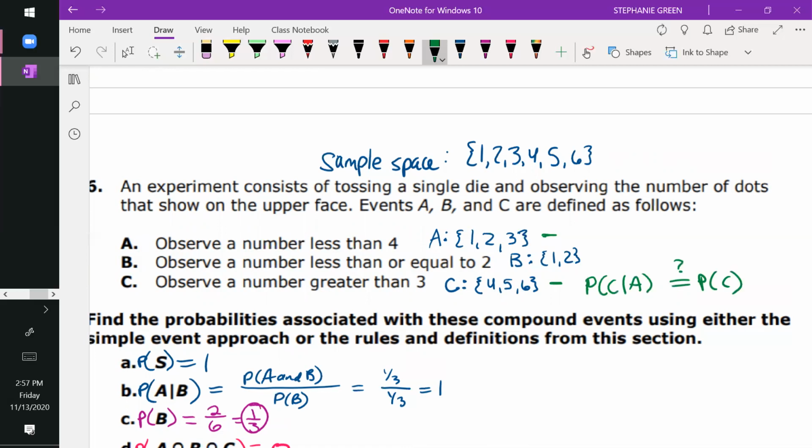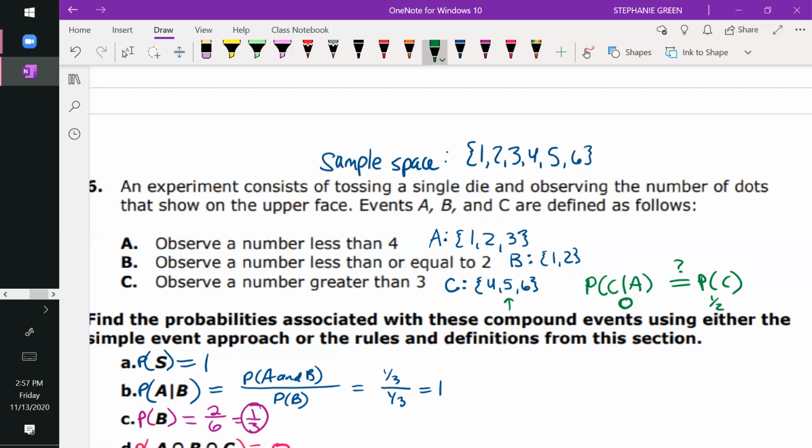If I know I've rolled something in A, what's the probability that it satisfies C? 0. Nothing in event A satisfies event C. What is the probability of C then? There's 3 outcomes out of 6, so that's 1/2. Are they equal? No. So these are not independent events.